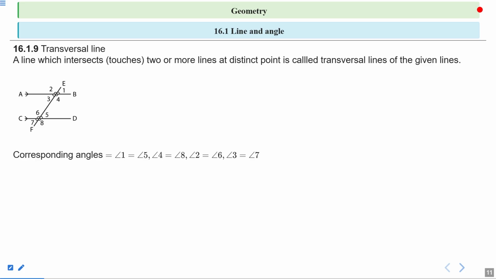When two parallel lines are cut by a transversal line, their corresponding angles are equal. So 1 and 5 are equal, 4 and 8 are equal, 2 and 6 are equal, and 3 and 7 are equal. Alternate angles should be equal. So 3 and 5, 4 and 6 are alternate angles.